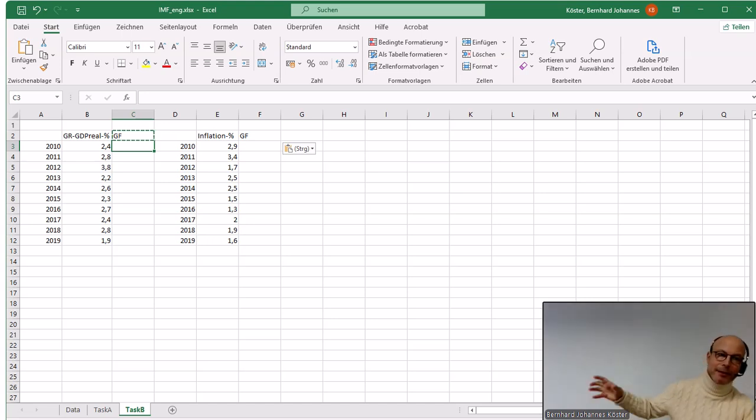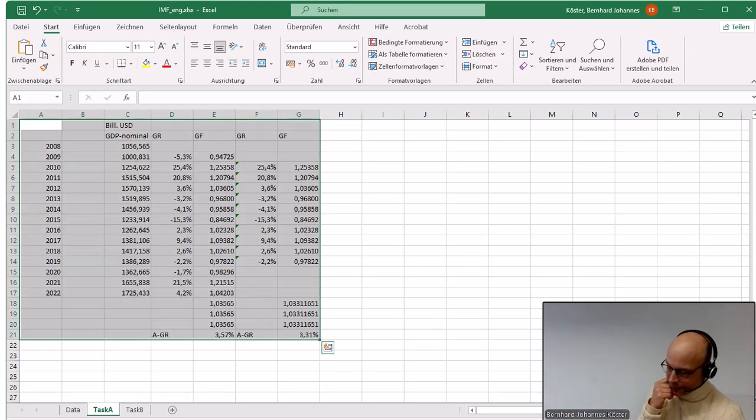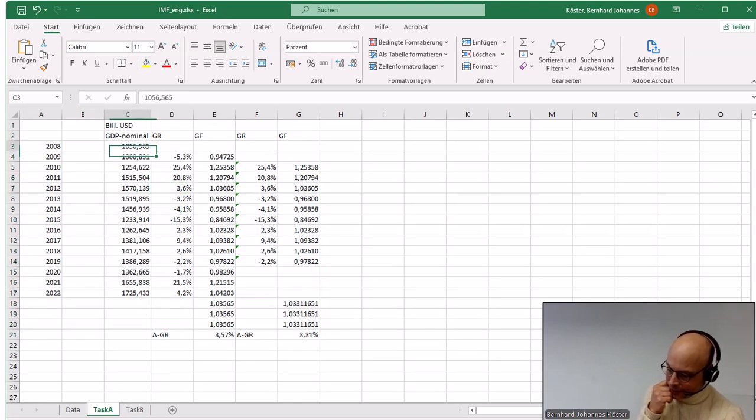Yeah, but this I would need if I have only the absolute values. Here I have already the growth rates, and the growth factor is just 1 plus the growth rate. Look at it here. These are the absolute values, okay?